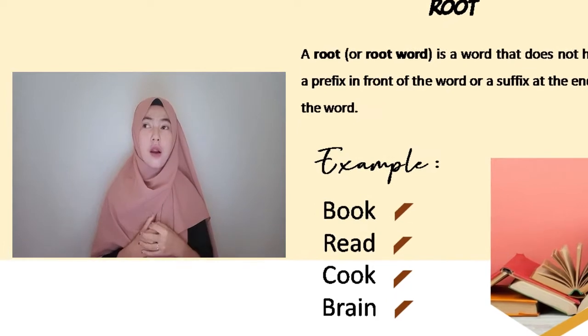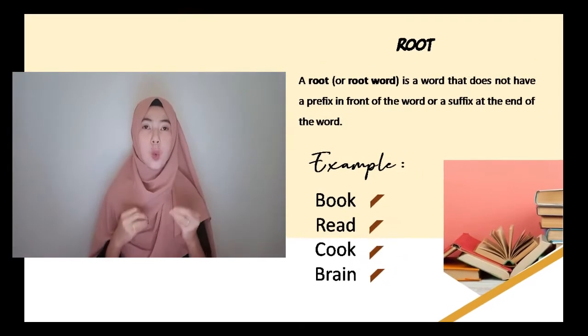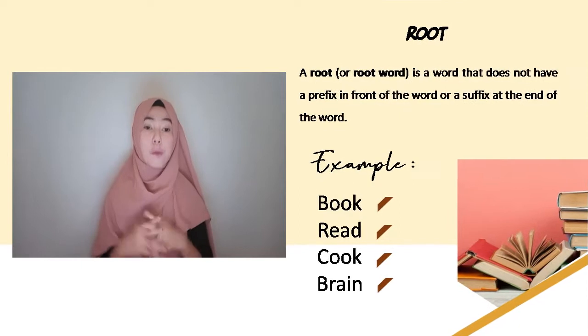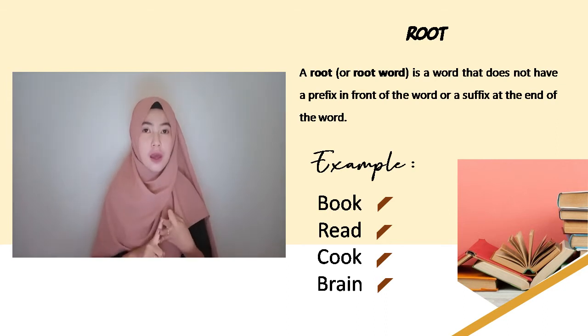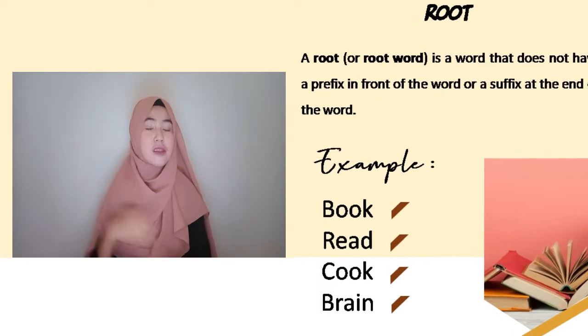Okay, next, kinds of morpheme: roots. A root or a root word is a word that doesn't have a prefix in front of the word or a suffix at the end of the word. For example, book, read, cook, and brain, and so on. The root word is the primary lexical unit of a word and of a word's family.